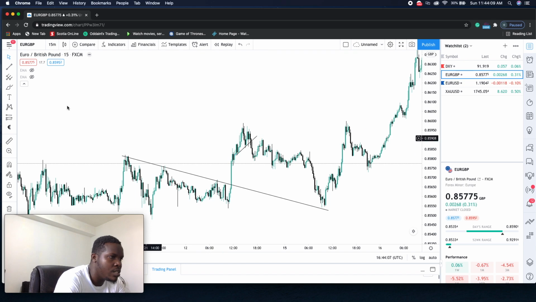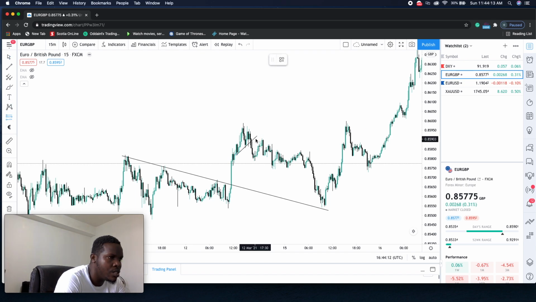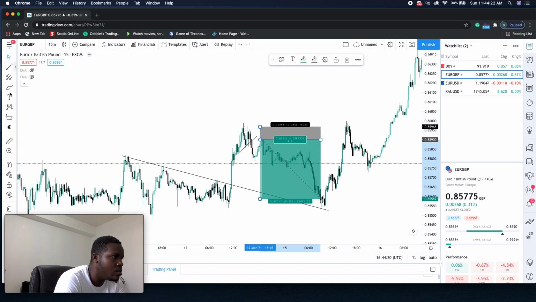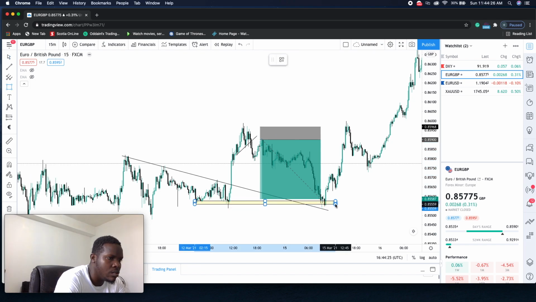Nice ascending trend line here. So we caught the sell from here. It went short here, which was actually there. Stop loss was like here, and our target was all the way down to this strong support level. So this was a nice call.